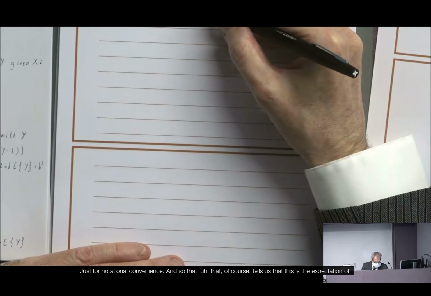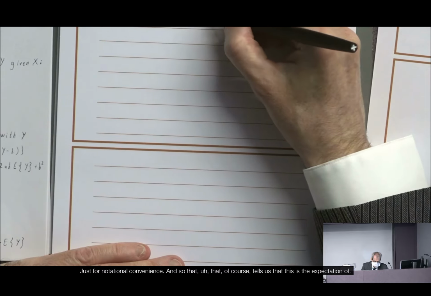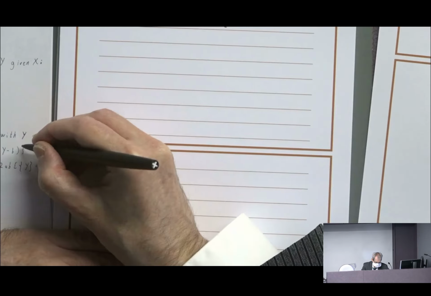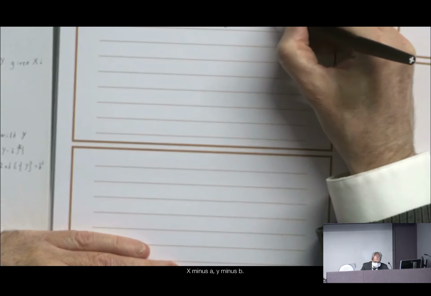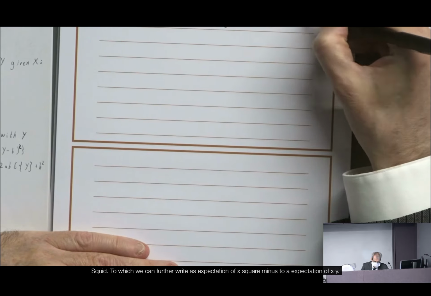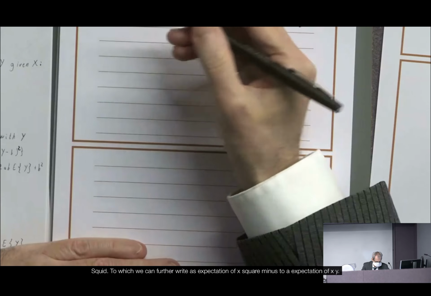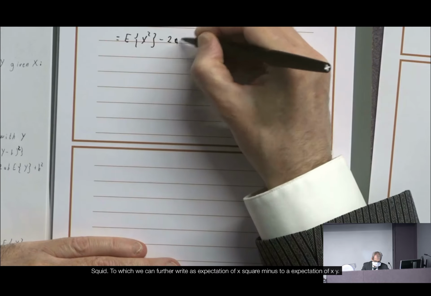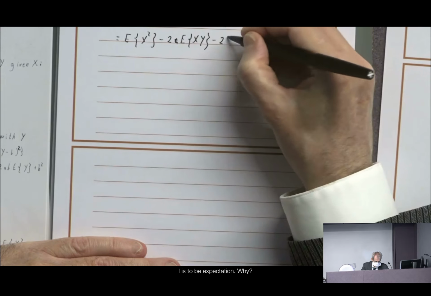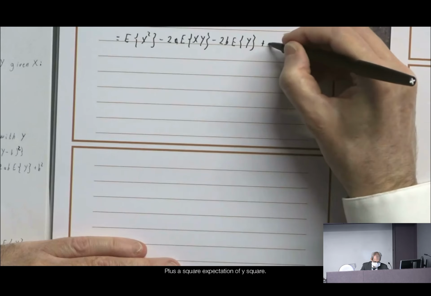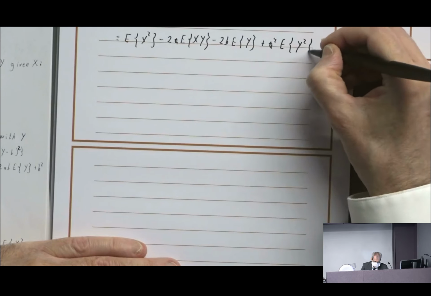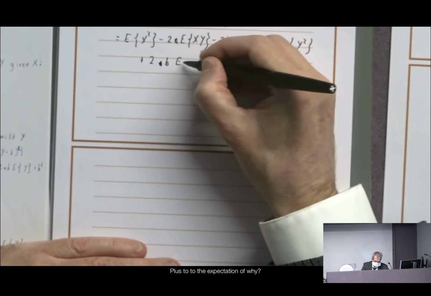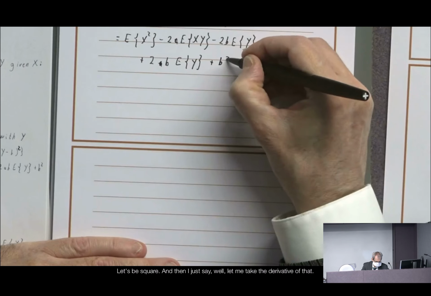And so that tells us that this is the expectation of x minus ay minus b squared, which we can further write as the expectation of x squared minus 2a expectation of xy minus 2b expectation of x plus a squared expectation of y squared plus 2ab expectation of y plus b squared.